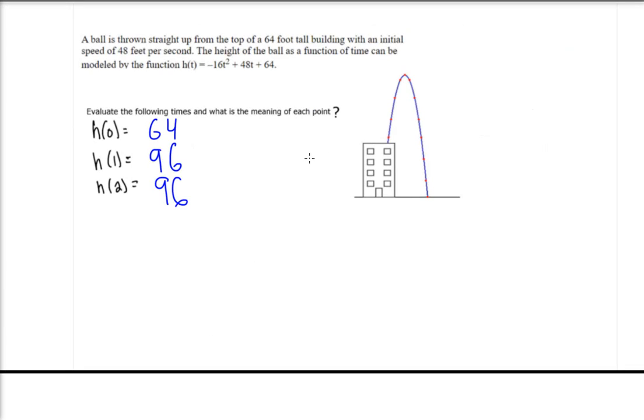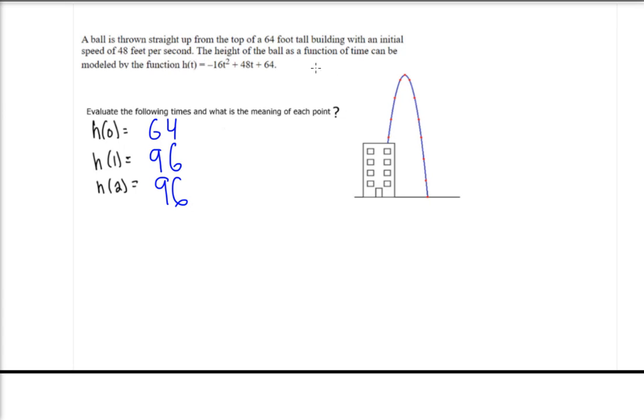For slide number 15, this is probably the hardest question on there. Okay, so let's see. This is a ball being thrown straight up from the top of a 64-foot tall building with an initial speed of 48 feet per second. So whoever throws the ball 48 feet per second, that's kind of fast. When you guys did this, some of you threw much faster than this, so it's not that fast.